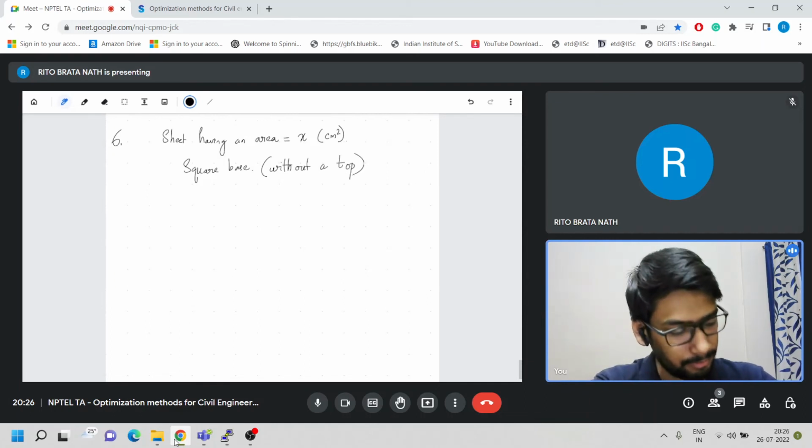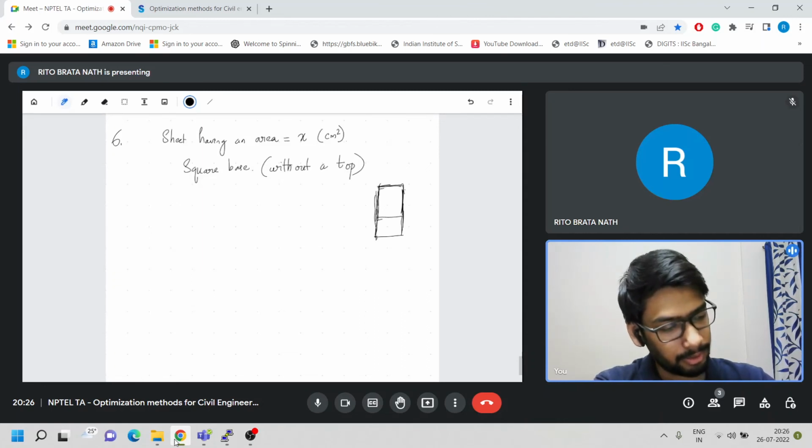So it's something like you will have a square base, and then it will probably go something like this, and we'll have the other dimensions. You won't be able to see it, but it's something like this. But you don't have another square box covered here, so it's kind of an open box.